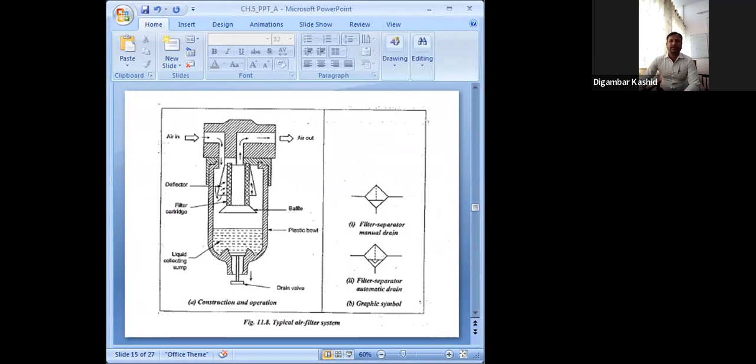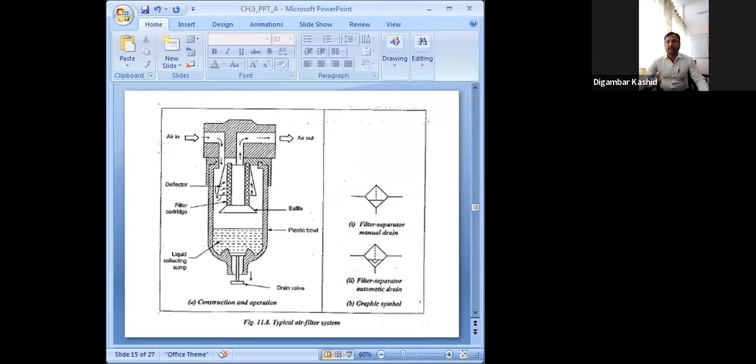Here I have shown the standard symbol, filter separator, manual drain. You can see this is the standard symbol of an air filter, and this air filter has a manual drain. And this is an automatic drain. These are the graphical symbols. There is a small difference between the manual drain and automatic drain: you can see a small triangle at the center.